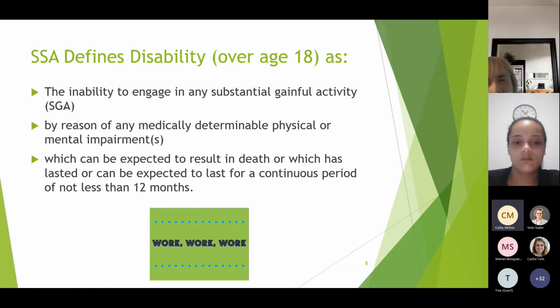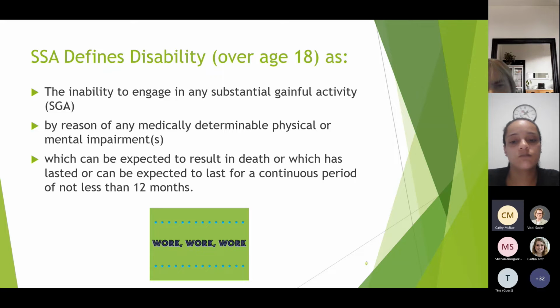That changes when you're over the age of 18. Instead of marked and severe functional limitation, they put in that you have an inability to engage in substantial gainful activity due to a medically determinable physical or mental impairment, which is expected to result in death or to last for at least 12 months. That is the key difference between the under 18 and over 18 definitions of disability.